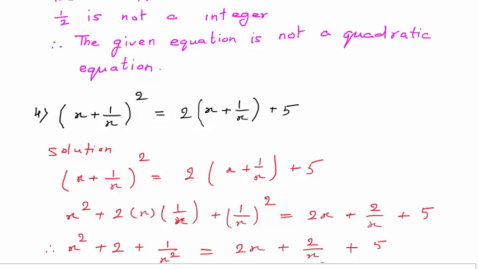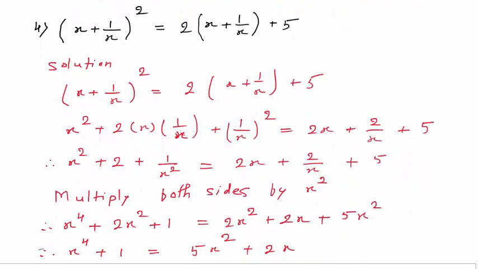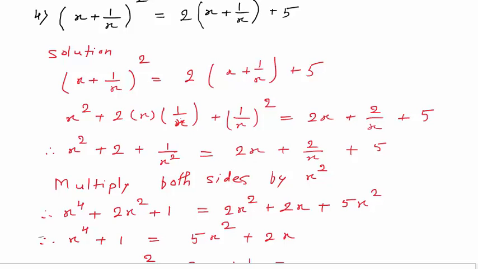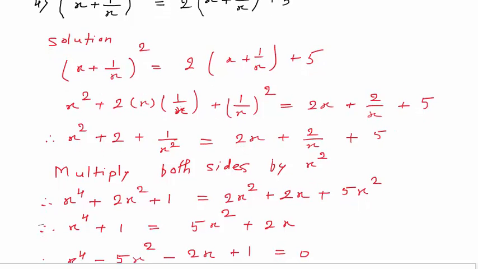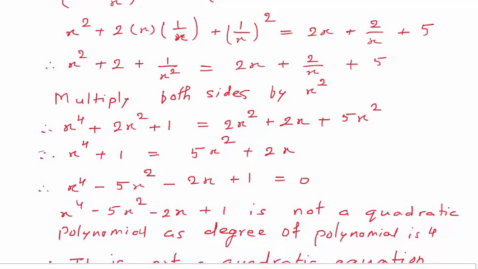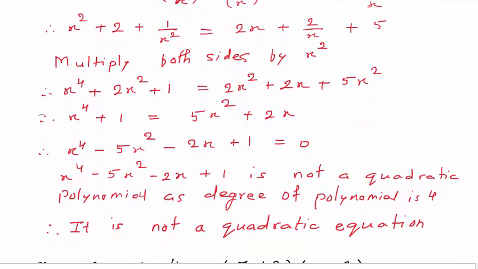After simplification we get x square plus 2 plus 1 upon x square is equal to 2x plus 2 upon x plus 5, and when we multiply both sides by x square we get the final answer as x power 4 minus 5x square minus 2x plus 1 equal to 0. Here x power 4 minus 5x square minus 2x plus 1 is not a quadratic polynomial, as the degree is 4, so it is not a quadratic equation.